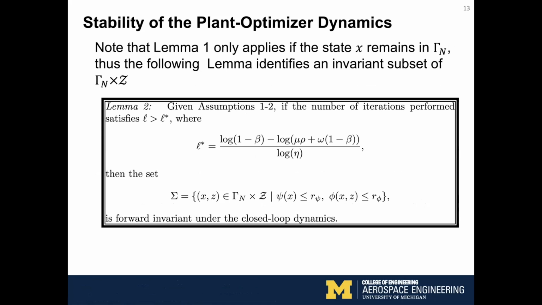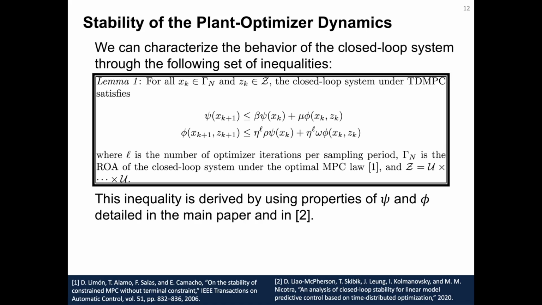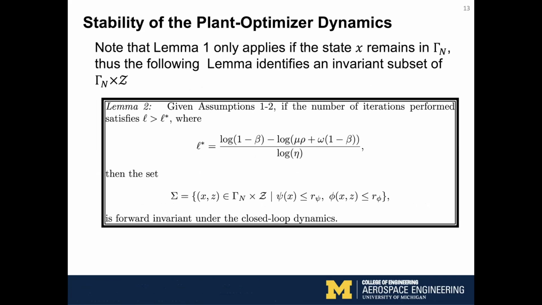But before we're able to do that, we have to note that these inequalities actually only hold if your state initially starts in some set that represents the optimal MPC region of attraction with the associated optimal control problem. So in order to make sure these inequalities hold for all future time, we identify an invariant subset where these inequalities will always hold.